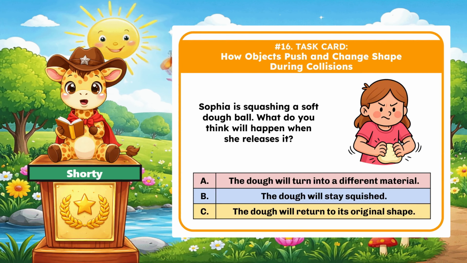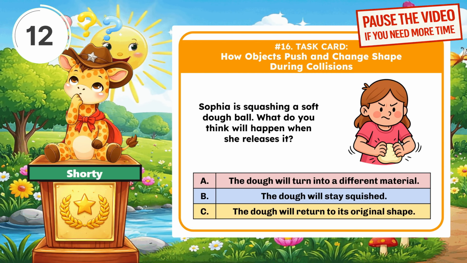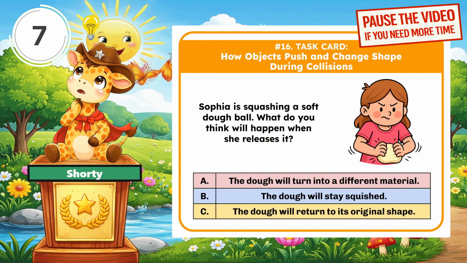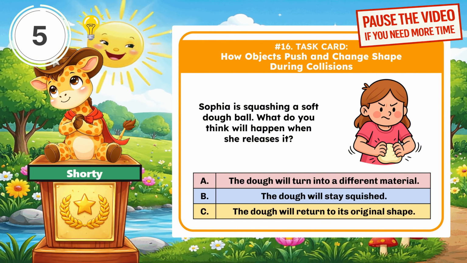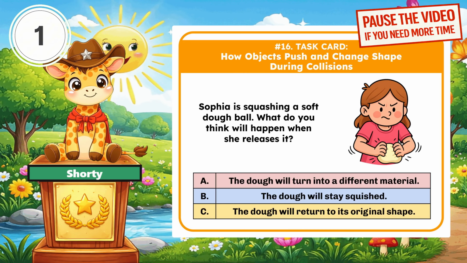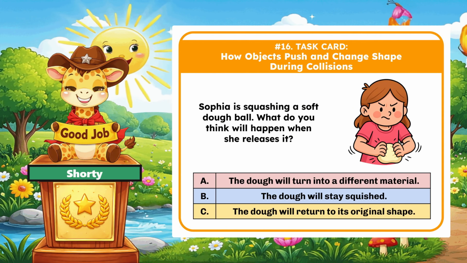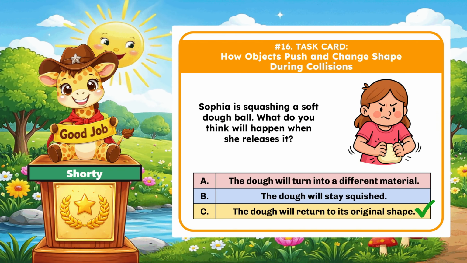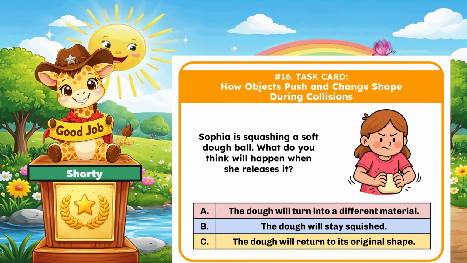What do you think will happen when she releases it? And the correct answer is letter C. The dough will return to its original shape.